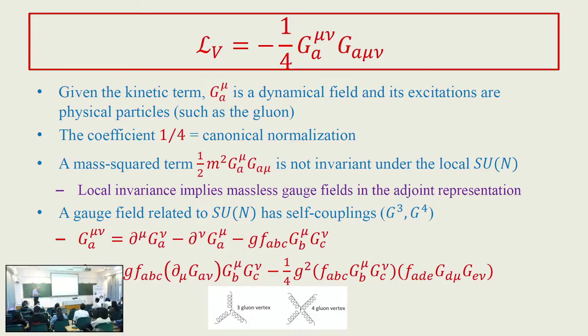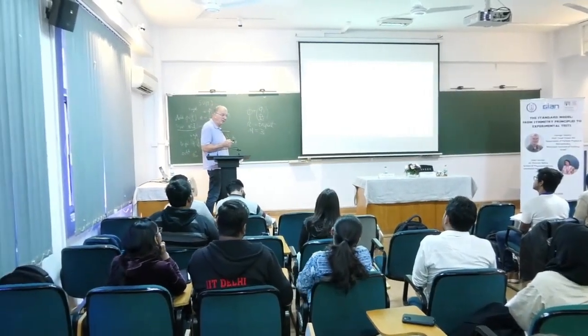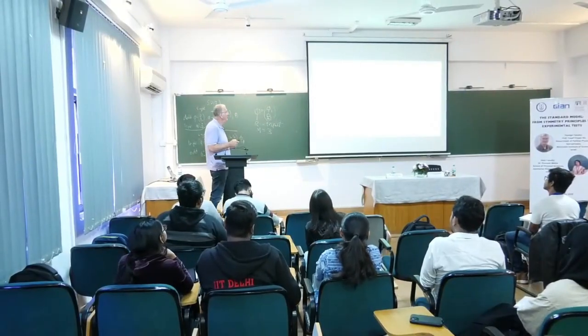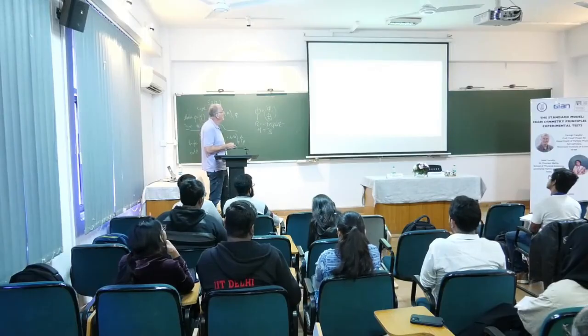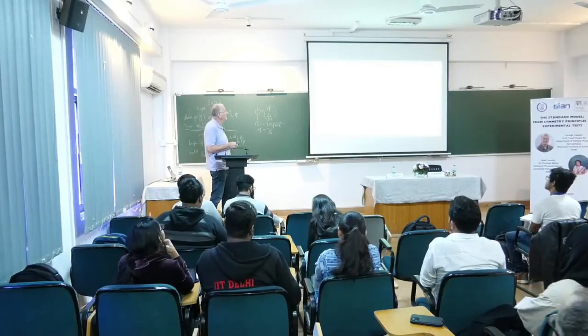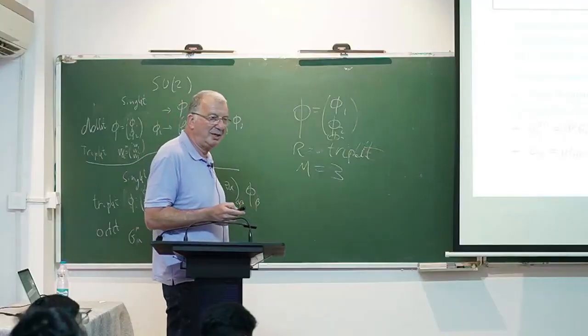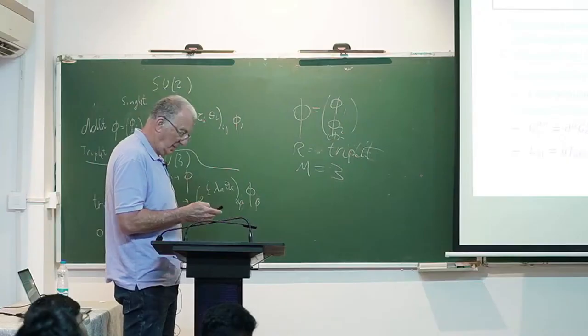The gluon is a vector boson field in the adjoint, the octet representation of SU(3). We'll come back to it when we discuss QCD. This quarter here is a convention, the canonical normalization. You put a quarter here, you know how to interpret all the other terms and do your calculations straightforwardly.